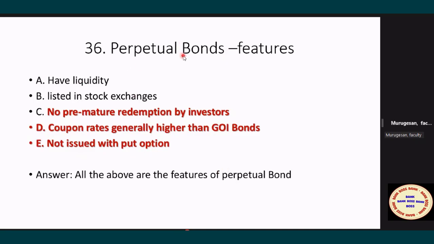All these are the characteristics of a perpetual bond. Now the question will be: which is not a characteristic, which will not apply to a perpetual bond? If you keep all this in mind, any question will indirectly ask which is the odd man out. One or two sentences will be given as the opposite, just to mislead you.